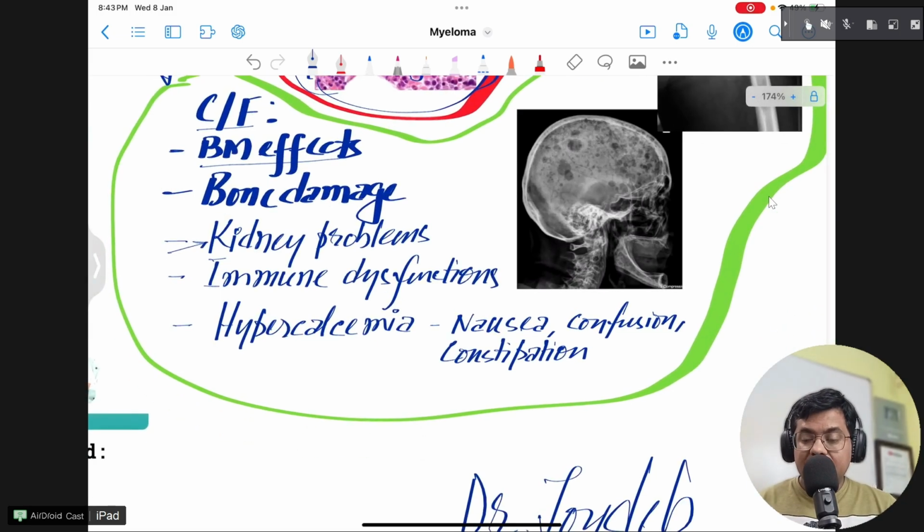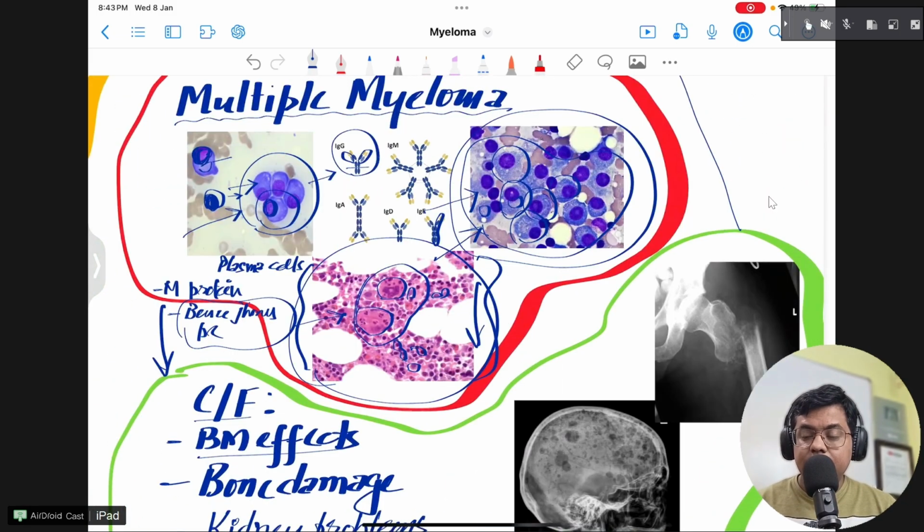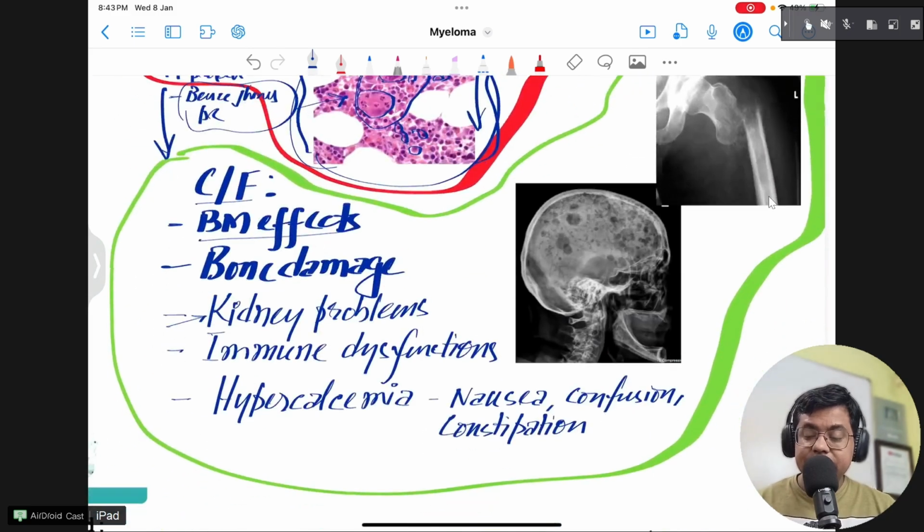Also, as there is less production of the normal antibodies, these patients who are suffering from plasma cell myeloma or multiple myeloma are prone to infection because they lack normal immunoglobulins or antibody.